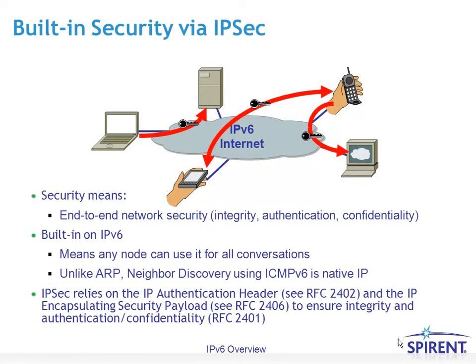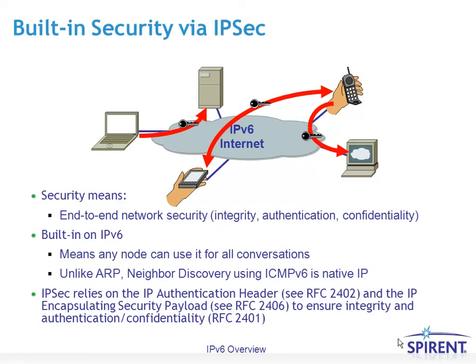Earlier I mentioned the idea of built-in functions for IPv6, and this is just talking about IPsec. The biggest issue is with securing communications, they have to be truly end-to-end. So the biggest problem with IPv4 is certain protocols such as ARP did not use IPv4, so it could not be secured by IPsec.